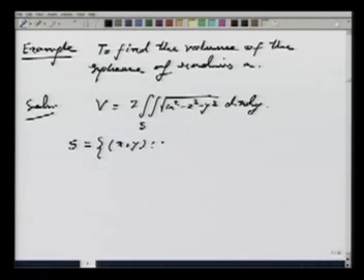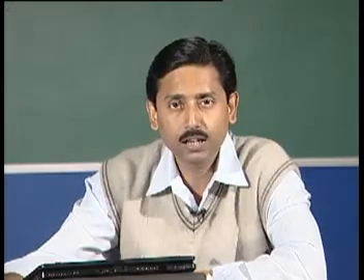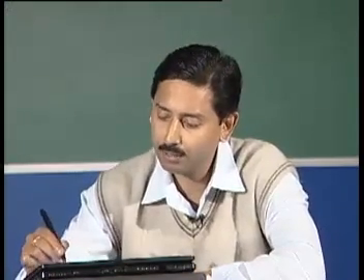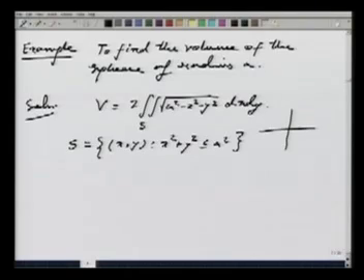Such that x square plus y square is less than or equal to a square. Since I am taking the positive square root, I am actually finding the volume of the upper half of the sphere. But since I am multiplying by 2, I am going to get the volume of the whole sphere anyway.